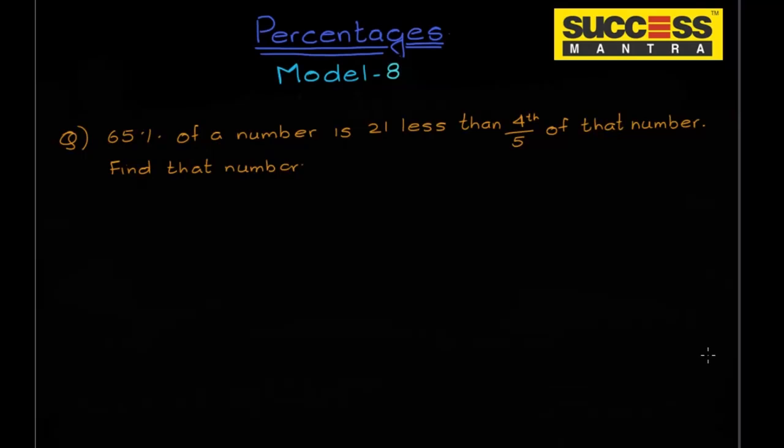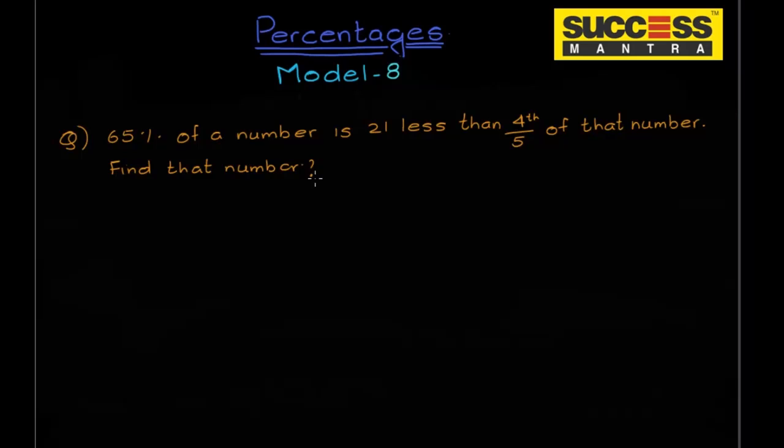Let us now take one more typical example from model number 8 of percentages. Our second question from model number 8 is: 65% of a number is 21 less than 4 by 5th of that number. We need to find that particular number. This question appears to be complicated, but it's a very simple question.